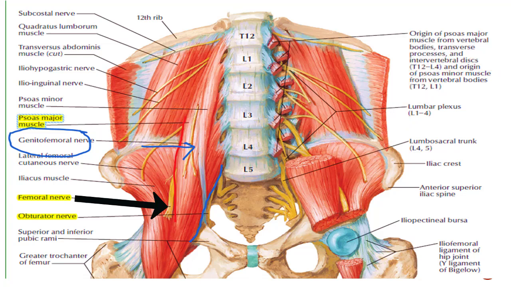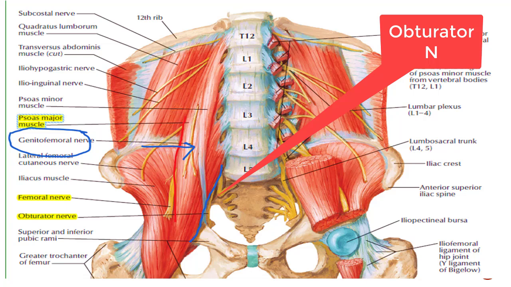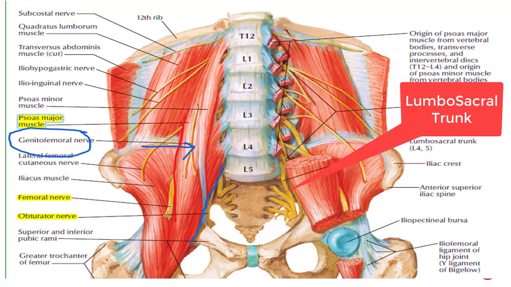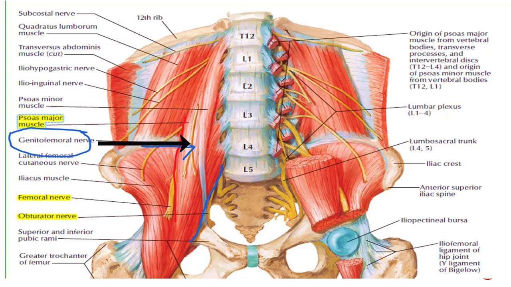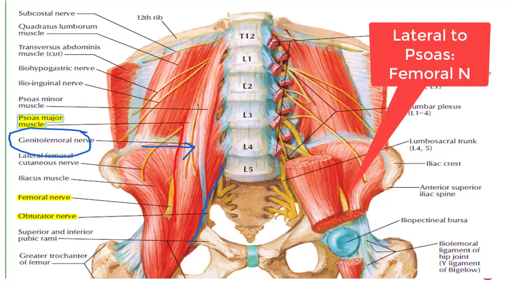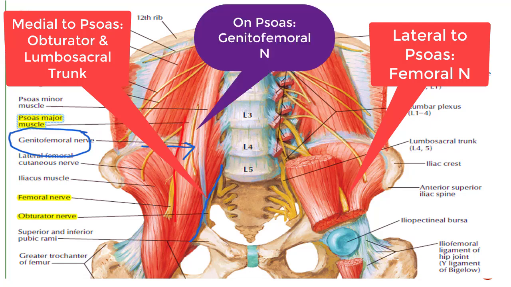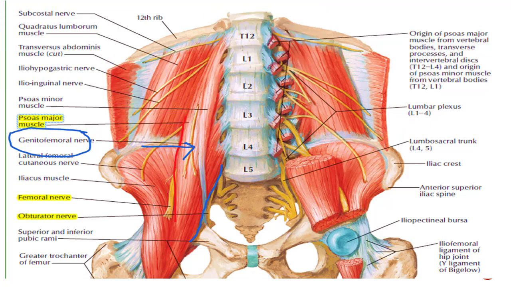When we look into the obturator nerve and the lumbosacral trunk, they are on the medial side of the psoas major muscle. We can also see the genitofemoral nerve, and this nerve is anterior to the psoas major muscle. In a nutshell, lateral to psoas is femoral, medial to psoas is obturator, and on the surface of psoas is the genitofemoral nerve. So I hope this will be easy for you when you are doing dissection or when you are going to see these images.